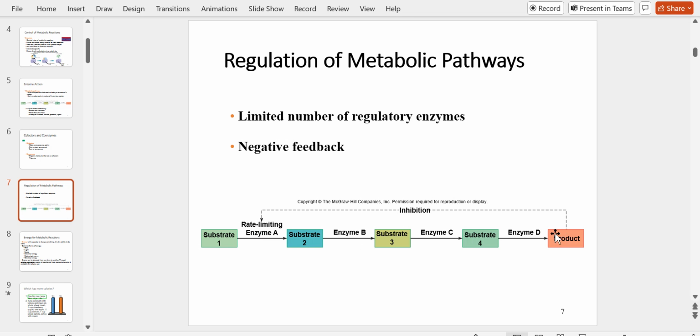Eventually there's going to be so much product that this mechanism will be shut down, so the entire mechanism shuts down. Then when we start to run out of product, there's not enough product to interfere with this mechanism, so it starts to turn on again. Kind of like a teeter-totter, right? When there's lots, this shuts off. When there's not a lot, this turns on. Okay?